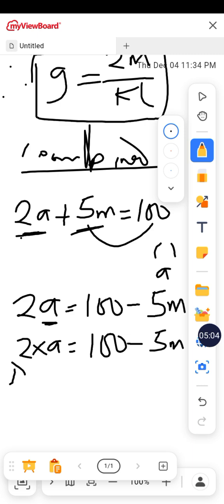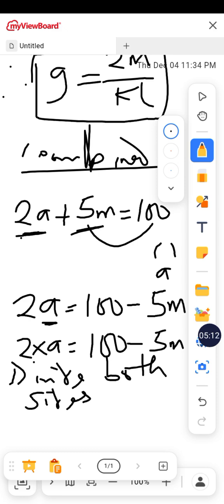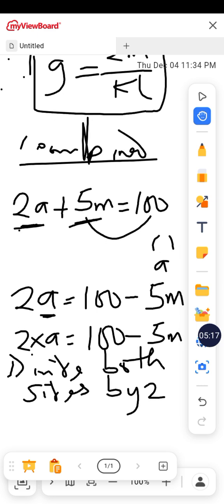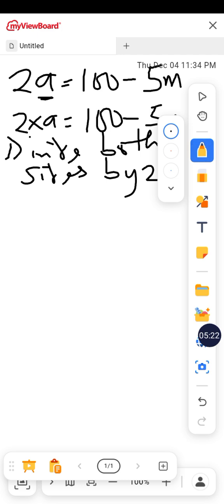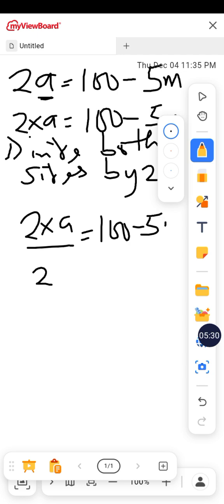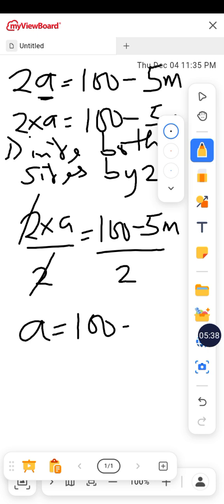So what we do is to divide both sides by 2, so that at the end of the day we have 2 multiplied by a over 2 equals 100 minus 5m over 2. 2 cancels 2. a equals 100 minus 5m over 2.